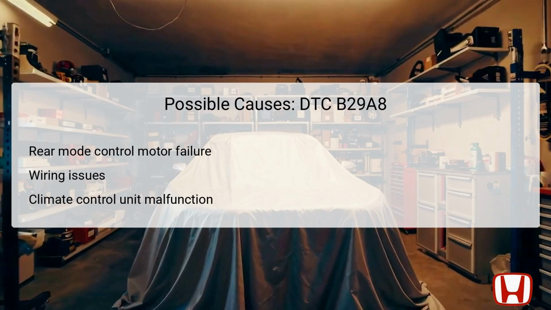Lastly, if other inspections yield normal results, yet the error persists, it is likely that the climate control unit is malfunctioning, causing it to interpret data incorrectly. Understanding each of these possible causes is crucial for accurate diagnosis and repair.